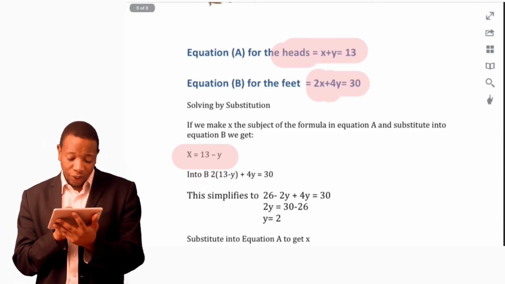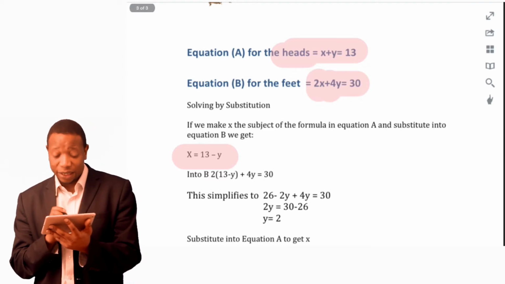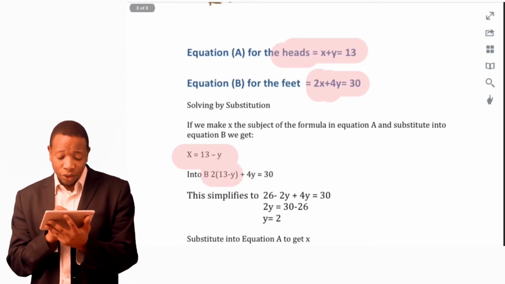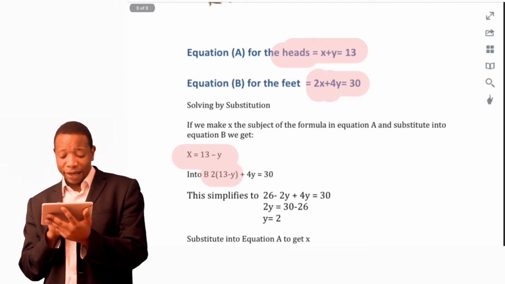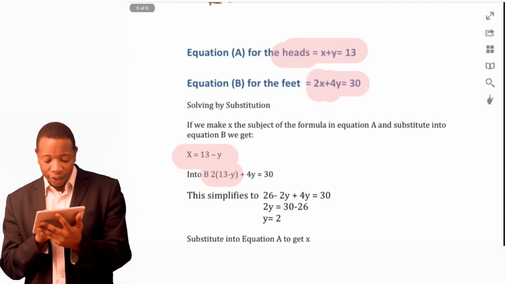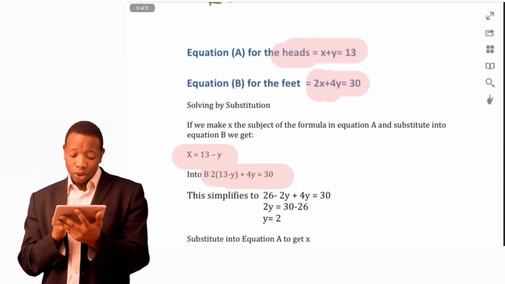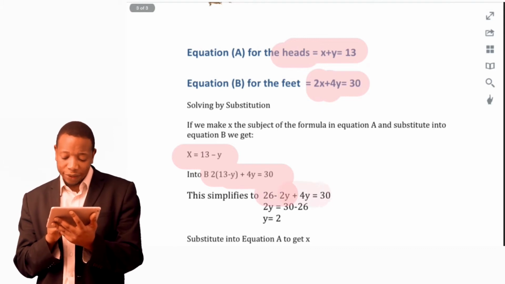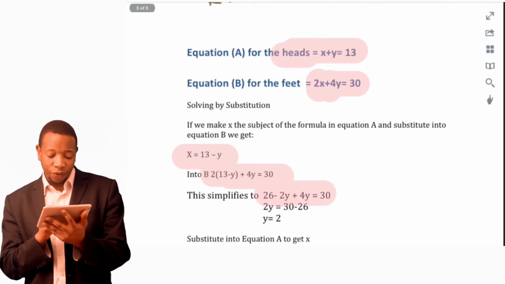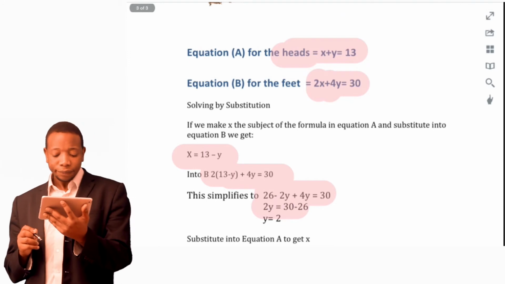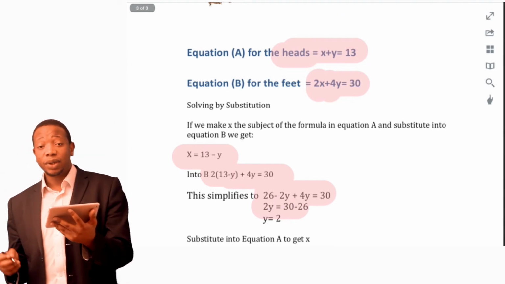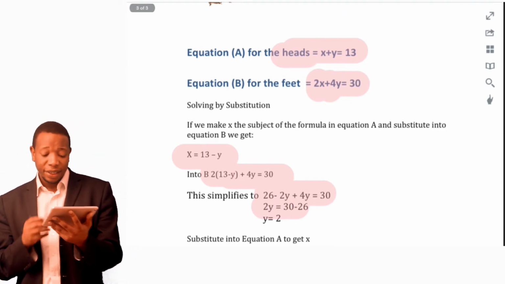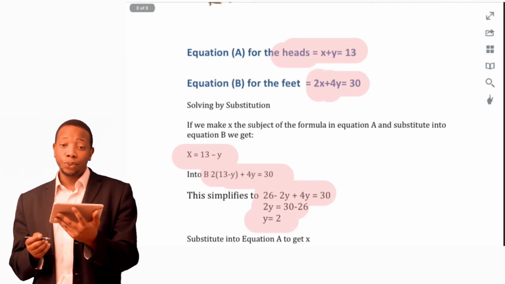So now we have 2 times 13 minus Y, plus 4Y. Now this simplifies to 26 minus 2Y plus 4Y is equal to 30. And then we've got 2Y is equal to 30 minus 26, and then Y is going to be 2.